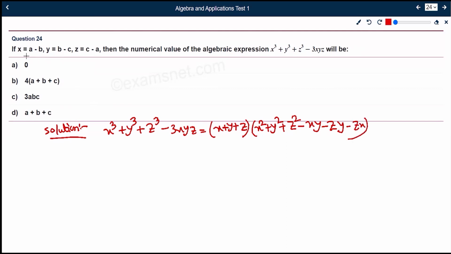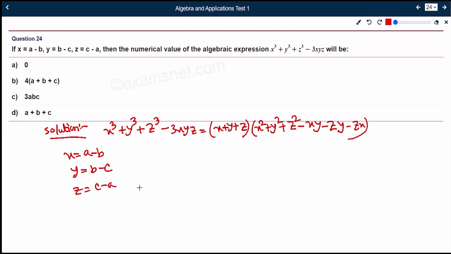Correct. Now we need to assume x as a minus b. Not only assume, this is already given. So y equals b minus c, z equals c minus a.